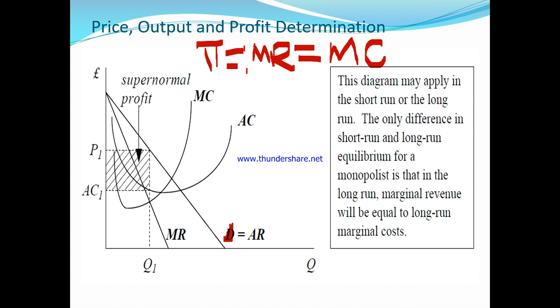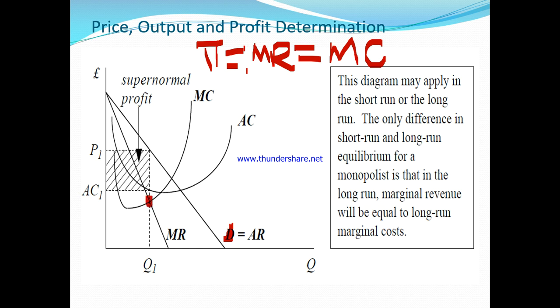The only thing we need to be careful about when drawing this graph is understanding where marginal revenue is equal to marginal cost. Marginal cost is this one, marginal revenue is this one, and the two intersect there.